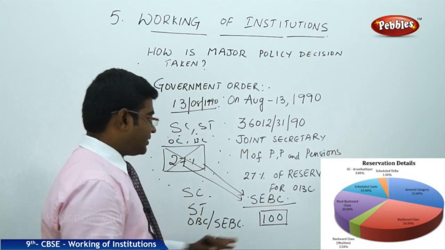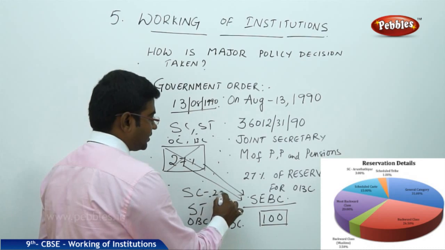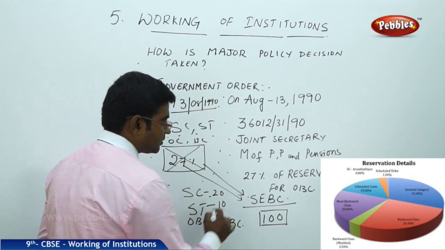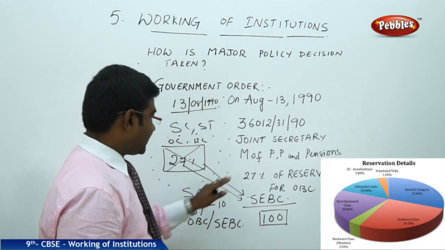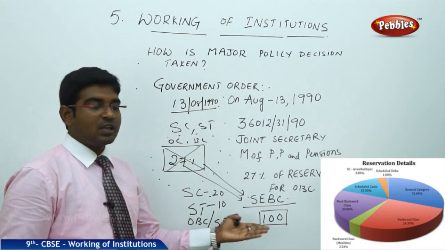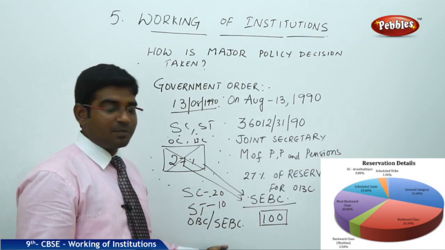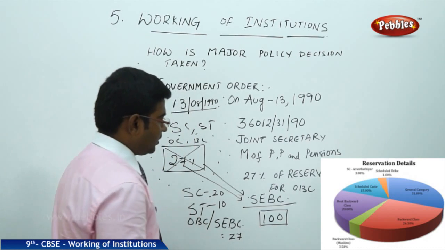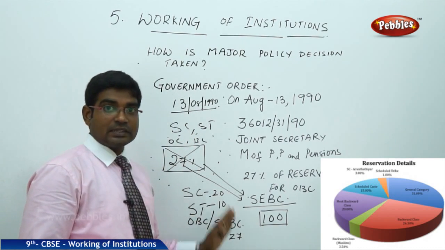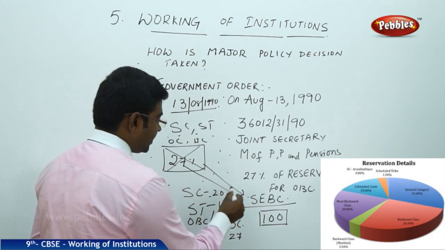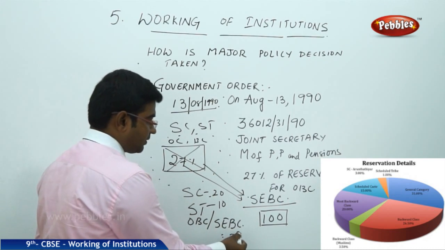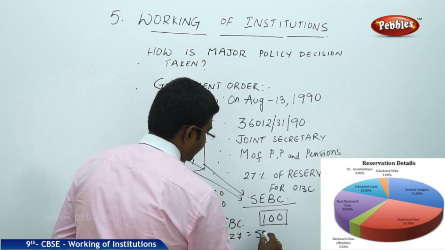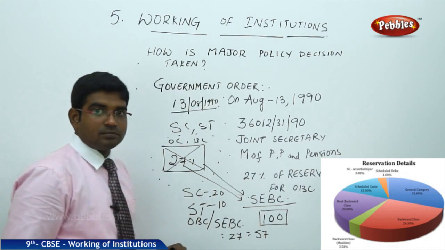In this, SC are given 20 seats. ST are given 10 jobs. Now as per the government orders, 27%. Out of 100, 27% is, the number is very clear, it is 27. So the total number of posts reserved here are 20 plus 10 plus 27, that is equal to 57.